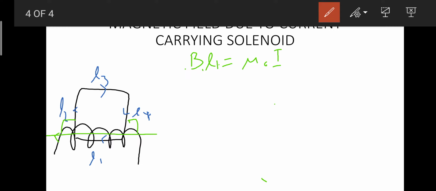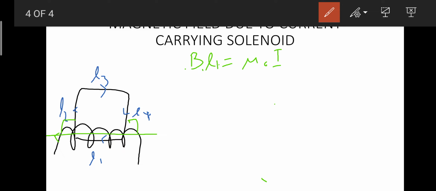If I notice the current through a single turn, that current would definitely be equal to I, right? If there are two turns, then the value of current would be 2I. If there are three turns, the value of current would be 3I. If there are four turns, then definitely it would be 4I, and 5I and 6I, by increasing the number of turns.